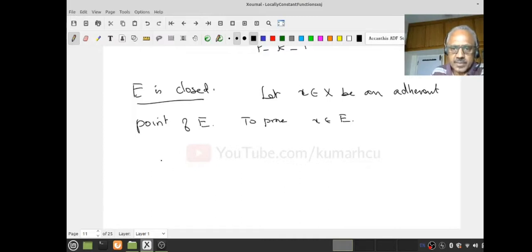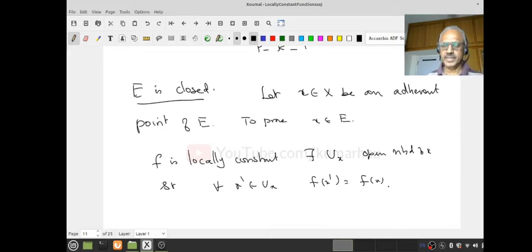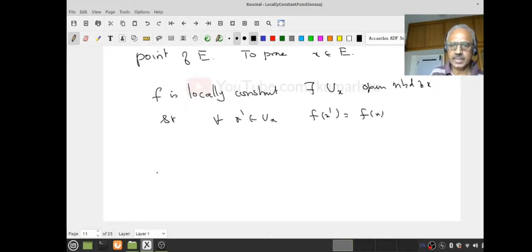Since x is an adherent point, and f is locally constant, there exists an open neighborhood Ux of x, so that for all x' in Ux, I have f(x') equal to f(x), just because of local constancy. But what do I know about x?